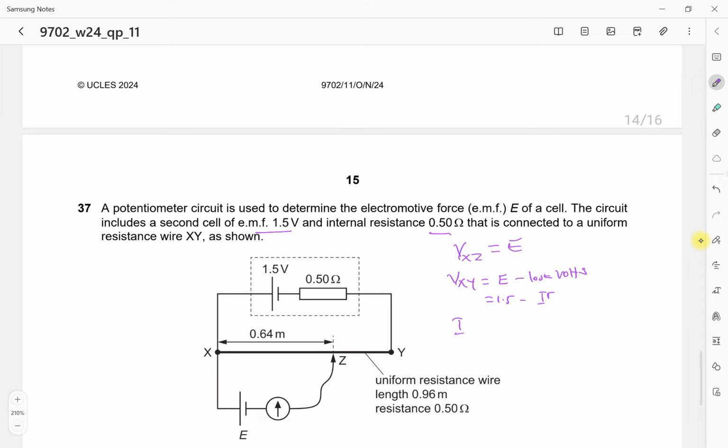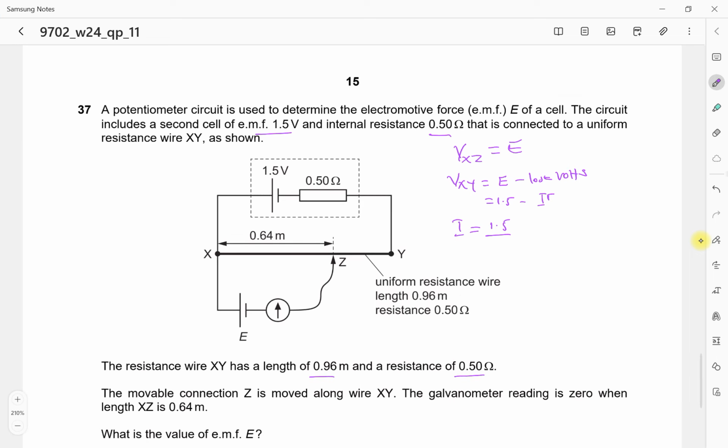The current flowing through XY is the same current flowing through the battery.